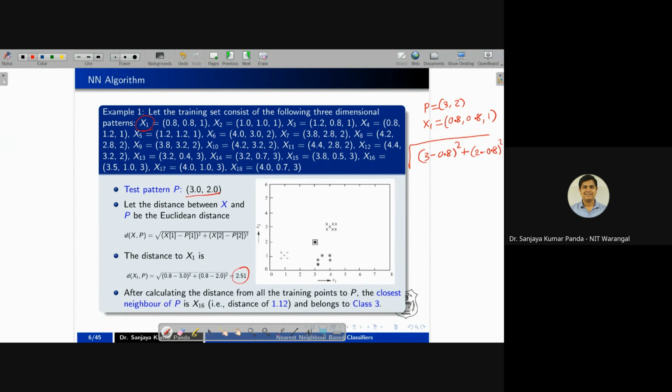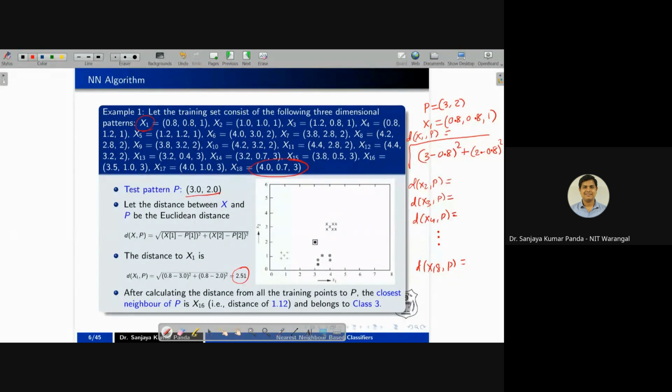Similarly, this is the distance of x1 to p, or p to x1. You have to calculate the distance of x2 to p, x3 to p, and x4 to p, like that up to x18 to p. Can anybody calculate it for x18?